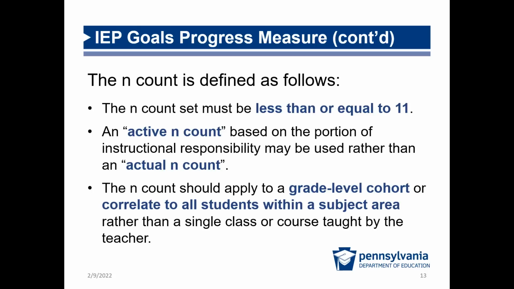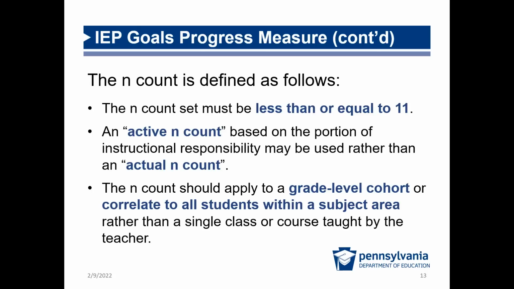Let's say my end count's 11. The teacher has 11 or more students that have the IEP goal. If the LEA decides that the end count is 5, then we look at the IEP goals. Are they similar? I have to have 5 or more students that have the same goal. So it's whatever the LEA sets it at, and the LEA cannot set it past 11.